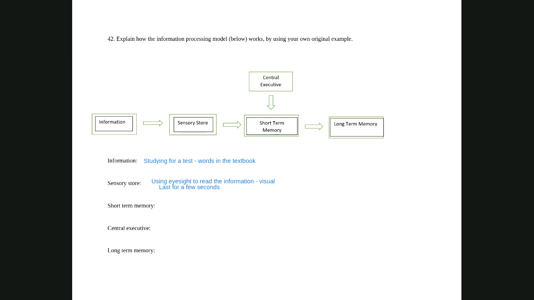Now we're on to short-term memory and long-term memory. If you remember, short-term memory lasts for about 30-40 seconds. If you do not do any kind of central executive work on that information, then it will leave short-term memory. If you do some kind of central executive work, that's when it goes to long-term memory. So really, you're just explaining that process.